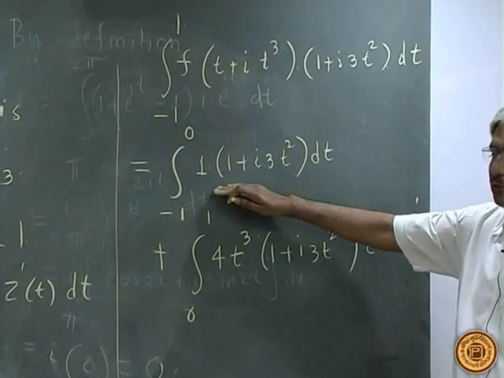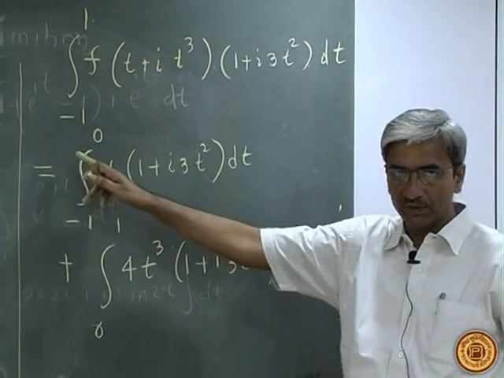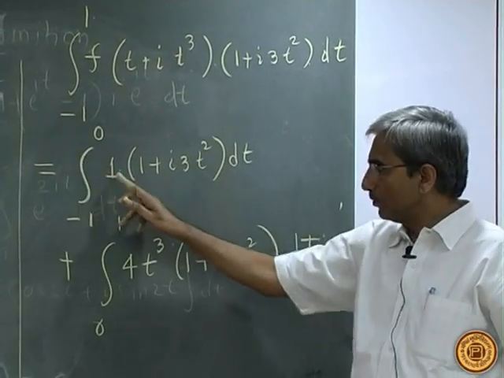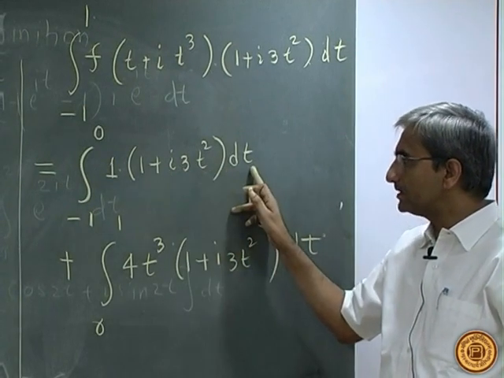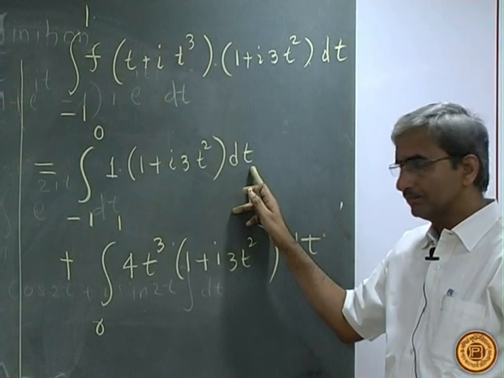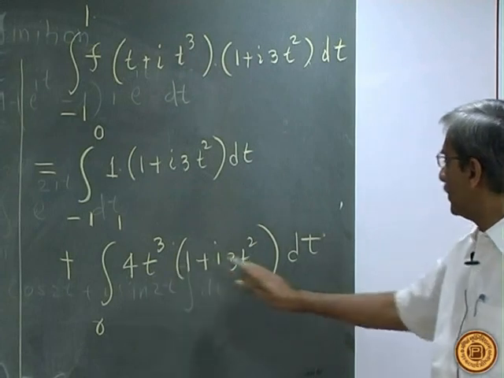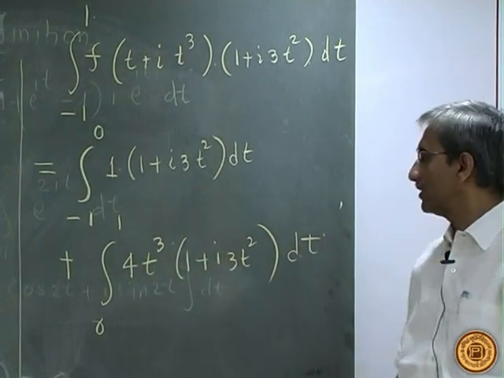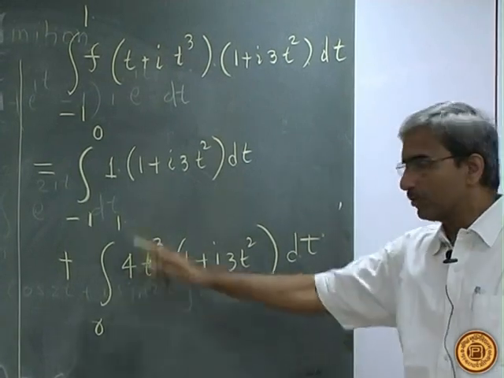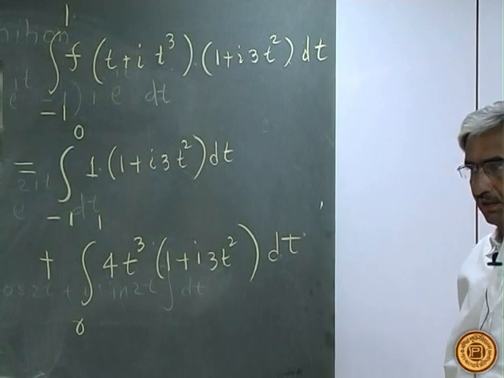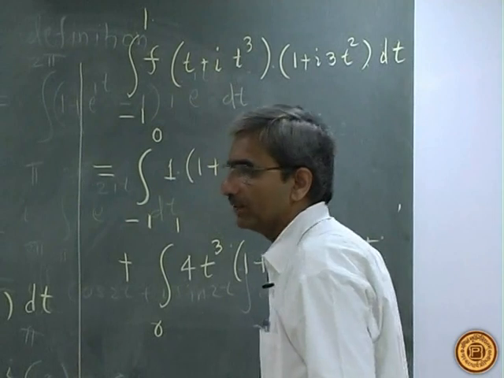This will get into two parts, real and imaginary parts, that is 1 dt from minus 1 to 1, plus I times 3t square dt, that is t cube, from minus 1 to 1. So this will be over. This is 4t cube dt from 0 to 1, first part, plus I times 12t raised to 5 dt from 0 to 1. So just complete this in 1 minute, find the answer and write it down in your notebook.